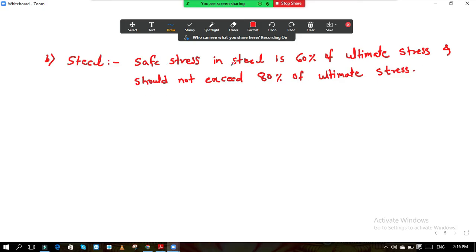Okay. So the safe stress in steel is 60% of ultimate stress, and it should not exceed 80% of ultimate stress. That is the safe stress in steel.